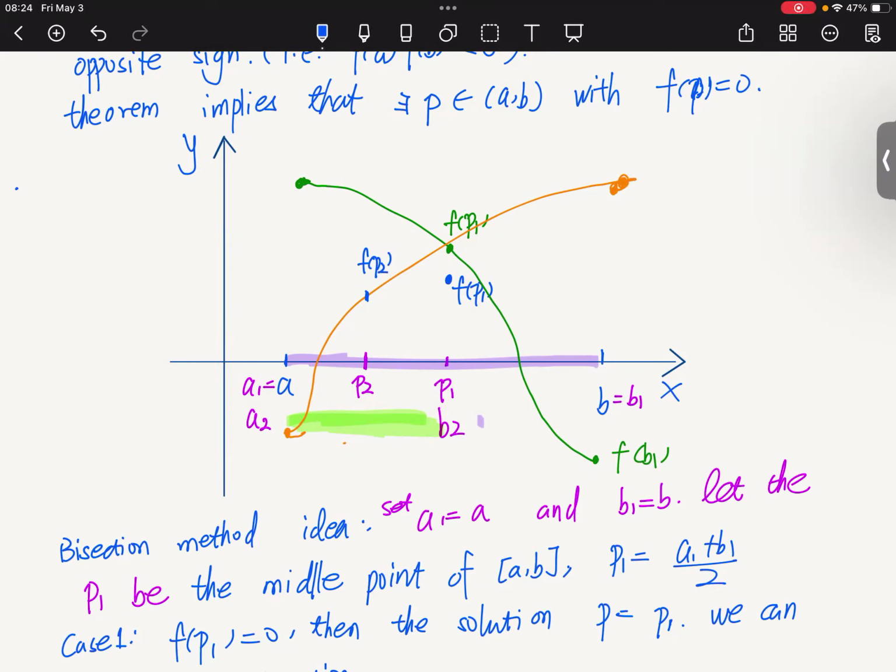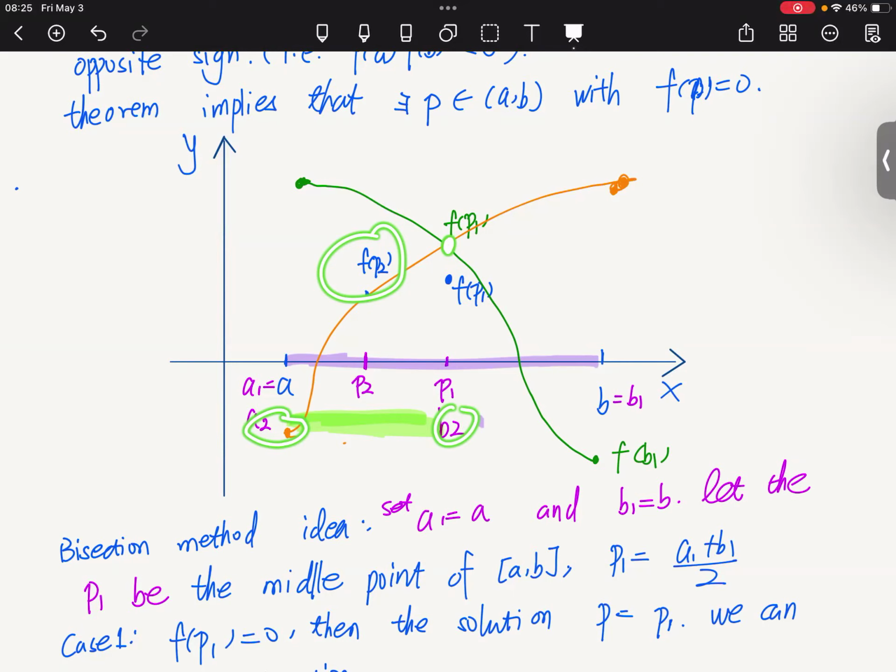Now we compare the value at f(P2) with the value at f(A2), and we also compare it with the value at the right endpoint of this interval, that is B2. This is the value at B2. If you take a look at these three values, you will find out that this value has the opposite sign with this one. So now we reset our interval to this one as the left endpoint and this one as the right endpoint.